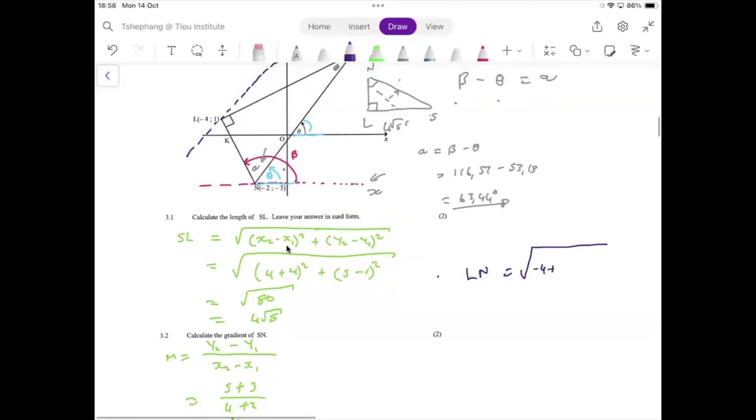-4 plus 2 all squared plus 1 plus 3 all squared. Now this will be 20, and this will give us 2√5.